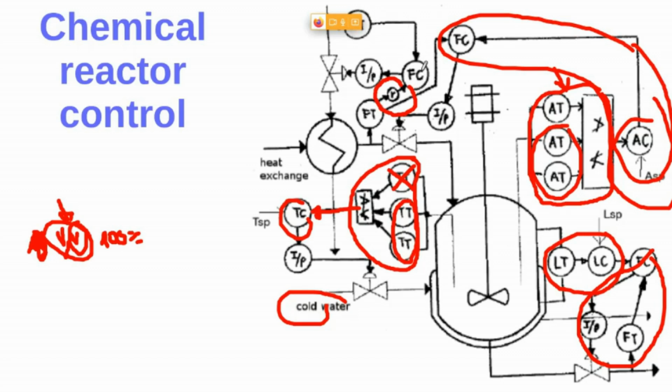Here we have a flow controller, again another flow controller, but as you can see here, we want to keep a relation, a ratio between these 2 variables, right? This variable in here and this variable in here. So that's why we use this R. So we have selection, selection, 2 cascades, and a ratio control structure.